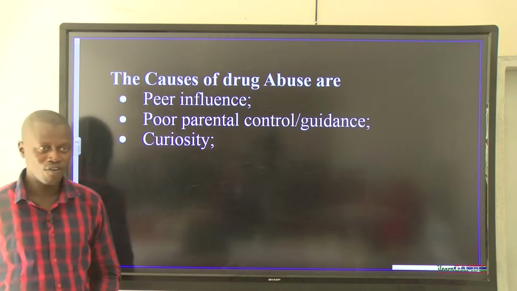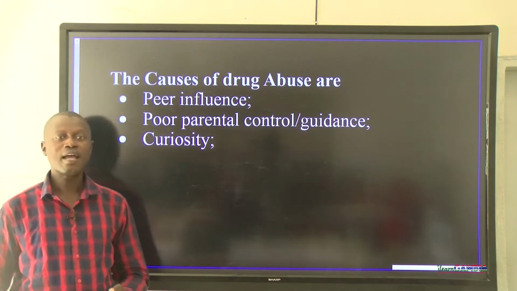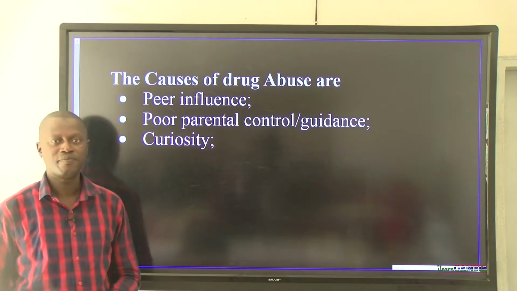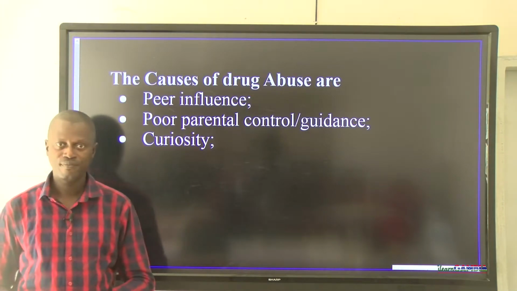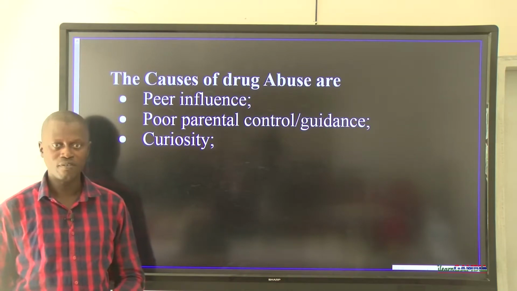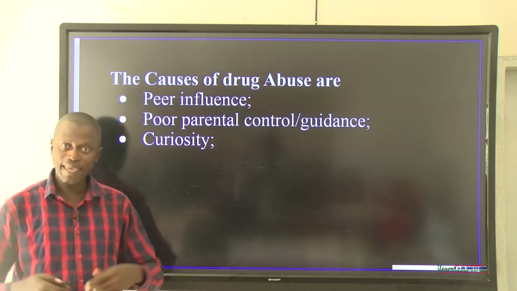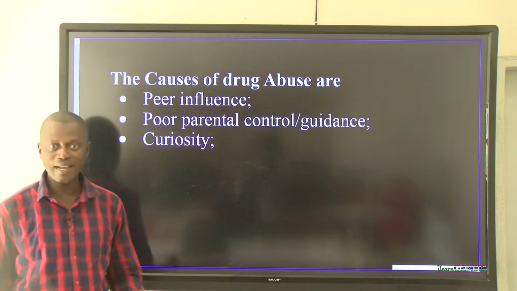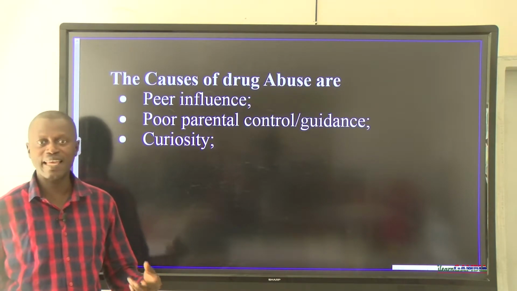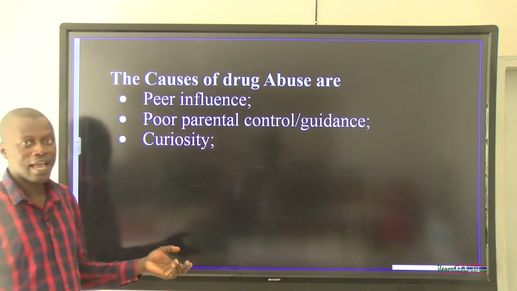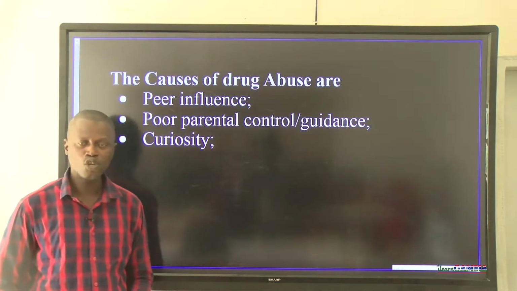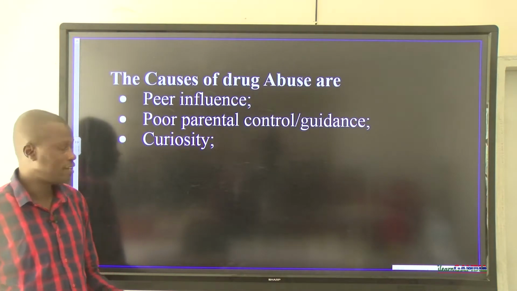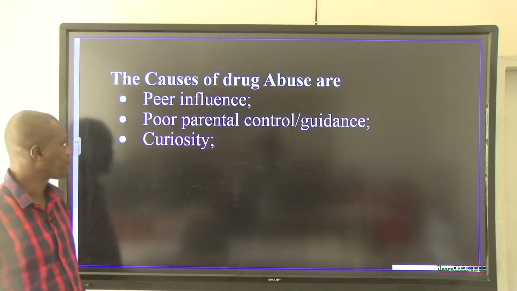You want to know what the effects are, be it negative or positive, when I smoke cigarette, for example, marijuana, cocaine, heroin, smack, petrol, etc. If I took these substances, what will be the result? What will be the outcome? This is what is meant by curiosity.